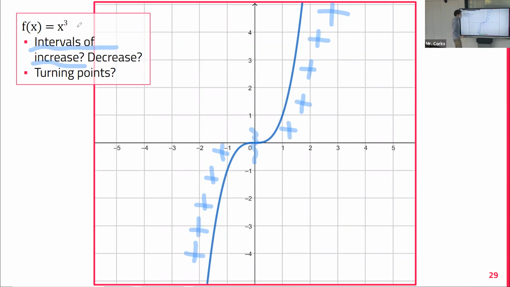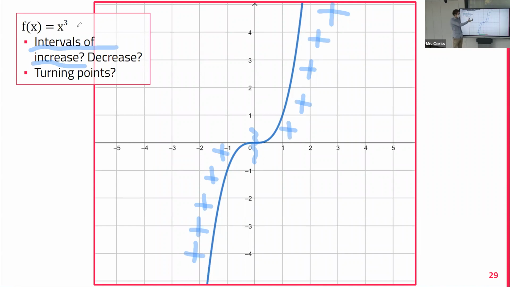What is happening exactly when x is equal to 0? Do we have a turning point? No, why not? Okay, so turning point means it has to turn. The slopes have to actually change from positive to negative, negative to positive.